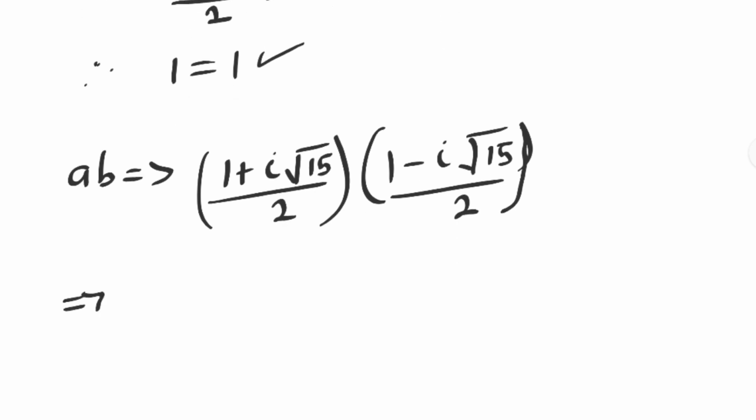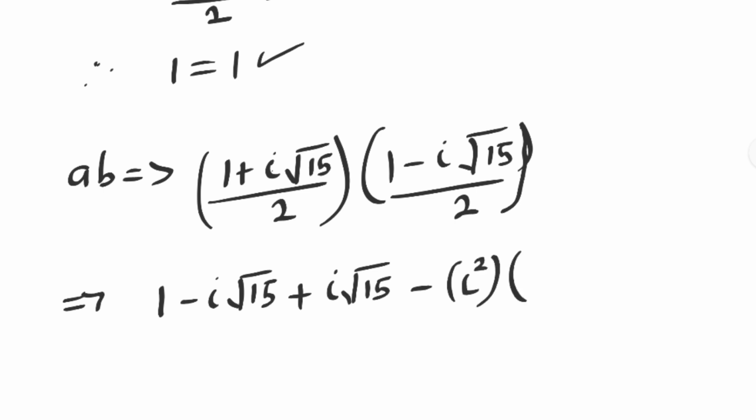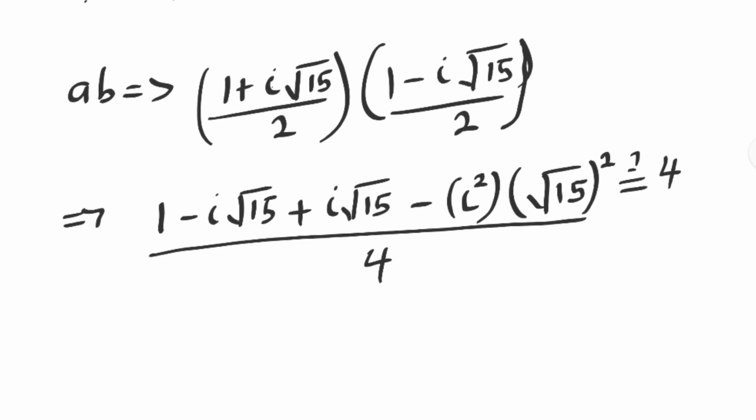This is 1 times 1, 1. 1 times minus i root 15 is minus i root 15. i root 15 multiplied by 1 is plus i square root of 15. Then i square root of 15 multiplied by minus i square root of 15 is minus i square multiplied by square root of 15 squared, which must be equal to 15. Then 2 times 2, this is over 4.